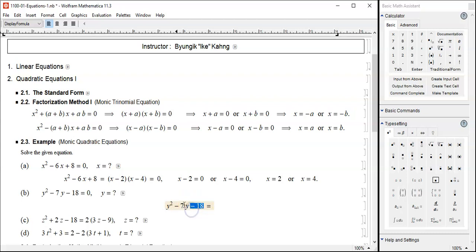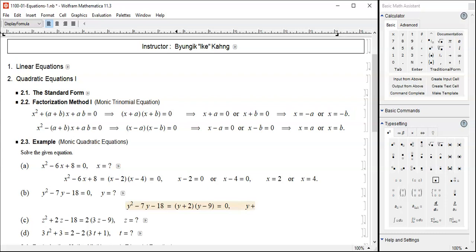Factors of -18 that add up to -7. 1 times 18, that doesn't work. 2 times 9, yeah, that'll work. y plus 2, y minus 9. You see, it's -7, so it should be -9 times +2, not the other way around. So -9 times +2, that's -18, and they add up to -7 here. So that's a good factorization.